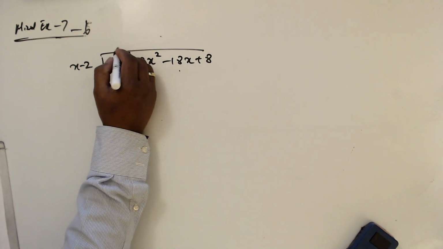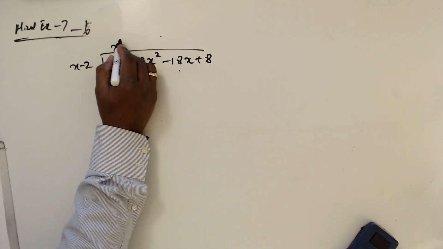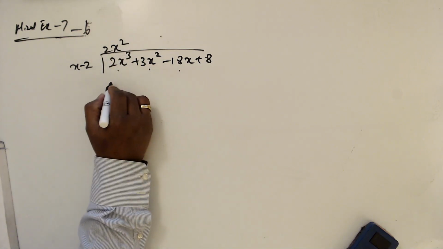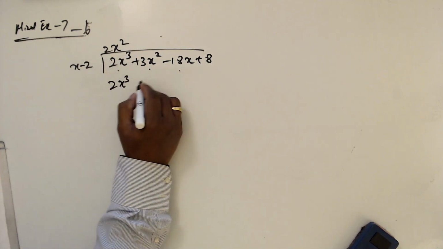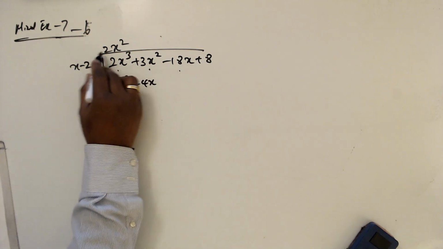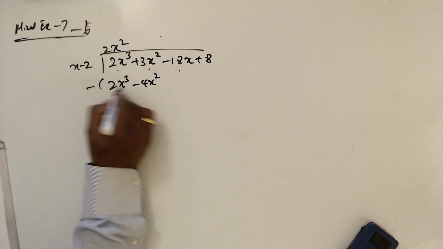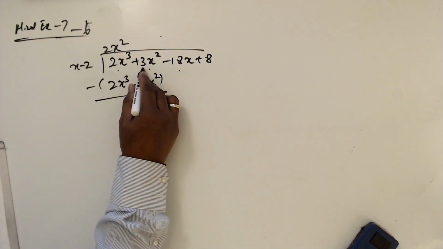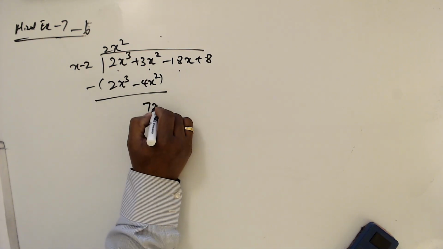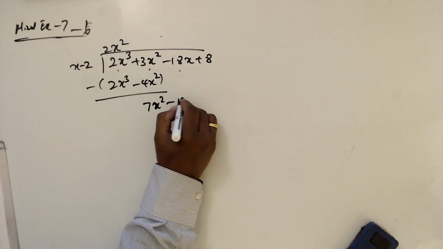Now this is going to be 2x square. This is going to be 2x cube, this is going to be 4, 2 times 4x square. Then when you minus this one, 3 minus minus 4 plus 7x square, minus 18.